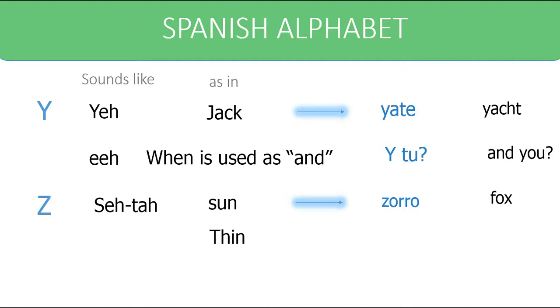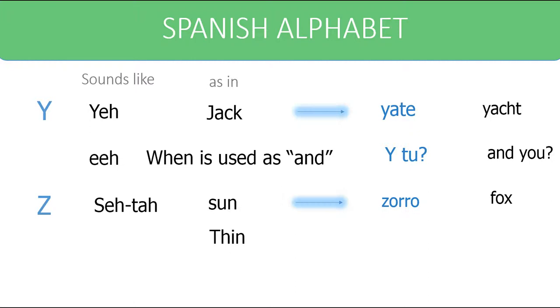Now Z sounds like "zeta," as in "sun." This pronunciation is mostly used in Latin America and southern Spain. In northern and central Spain, it is pronounced as "theta," similar to the one in "thin." Both of them are correct.